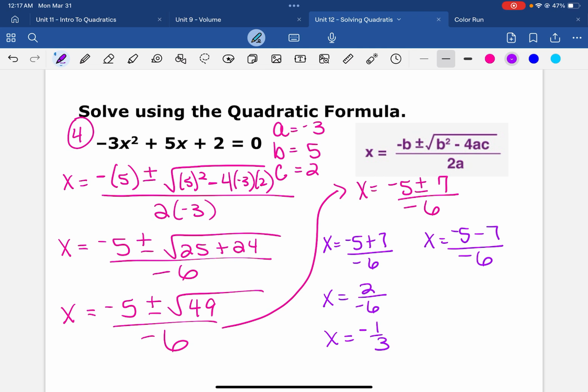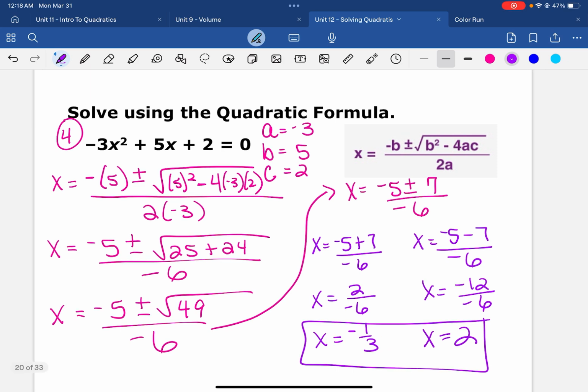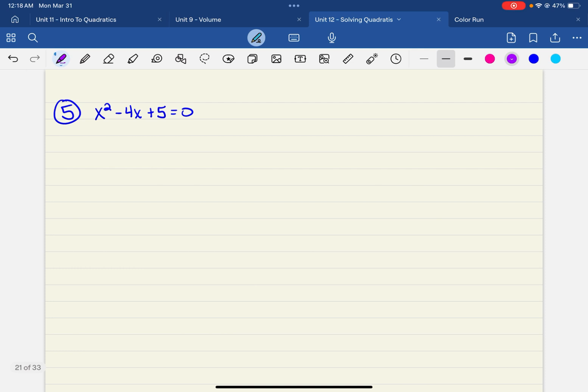The second equation, X is equal to -12 over -6, which makes X equal to a +2. How'd you do? Hope you did well. All right, I think we got 2 more examples left.